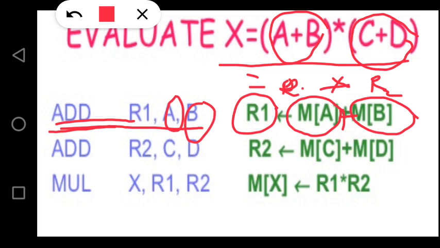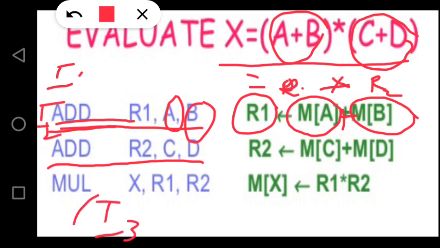Similarly, to evaluate this expression, these are the three instructions: instruction 1, instruction 2, and instruction 3. What does the second instruction say? C, D. C and D are again two different memory locations.